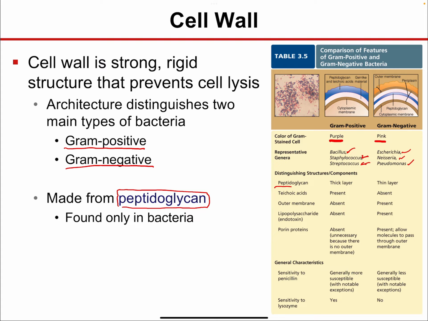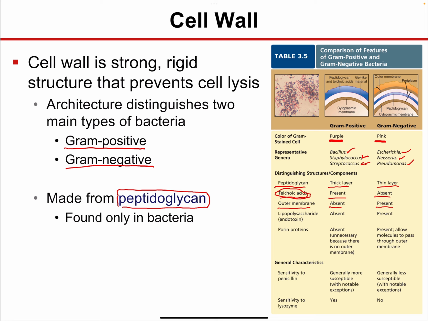So the peptidoglycan in gram-positive is going to be thick, while in gram-negative it's going to be thin. Some chemicals that we find in the cell wall, which we call teichoic acids, are present in gram-positive, but absent in gram-negative. How about the outer membrane? The outer membrane is absent in gram-positive, while it is present in gram-negative.